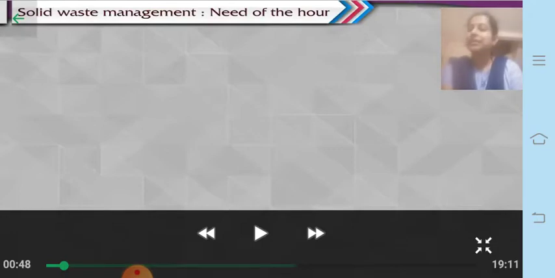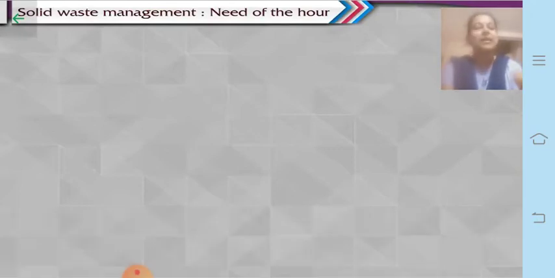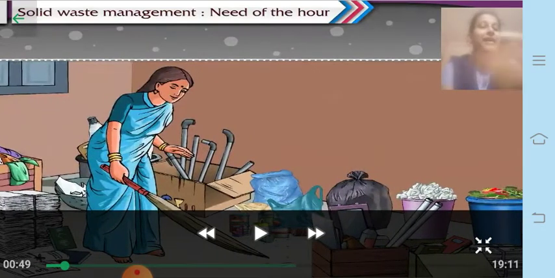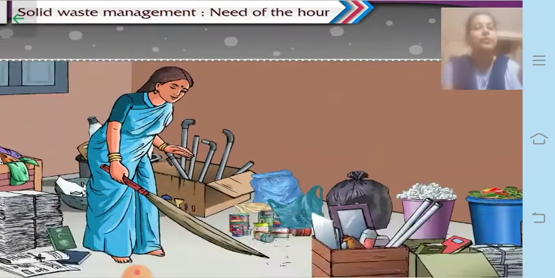Now let us see the garbage which is collected in the classroom. In our everyday life also, so much waste is generated in our homes. It can be wet waste like waste food material, or garden waste, or certain waste papers, waste plastics, and everything is generated in our homes too.